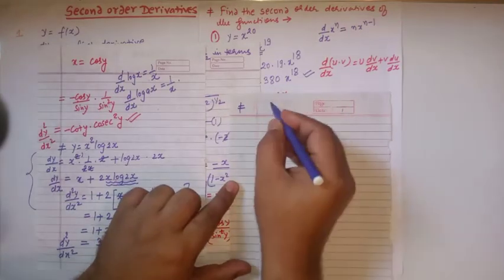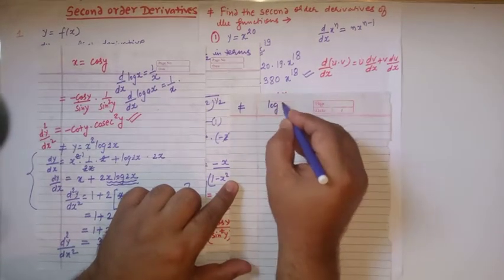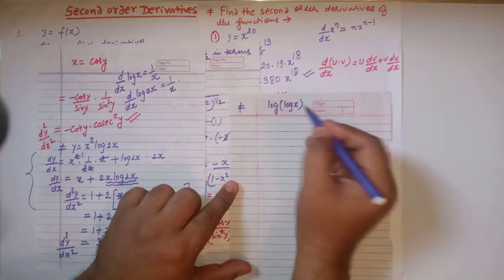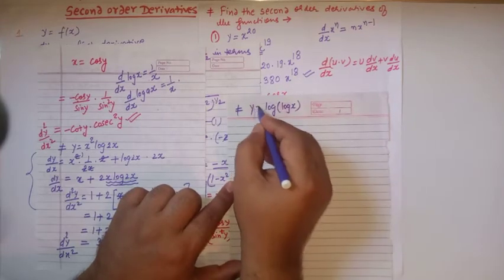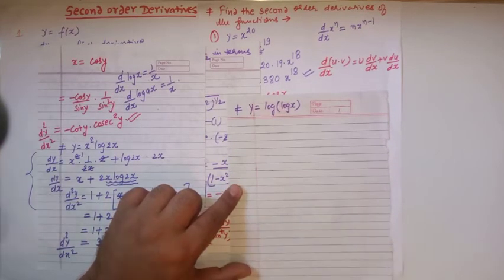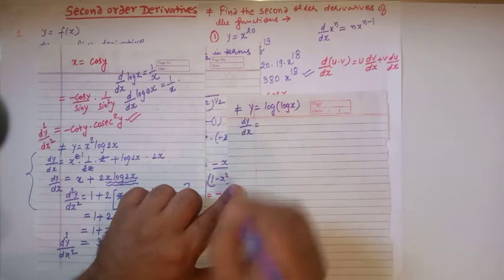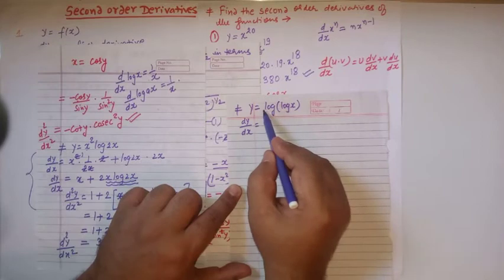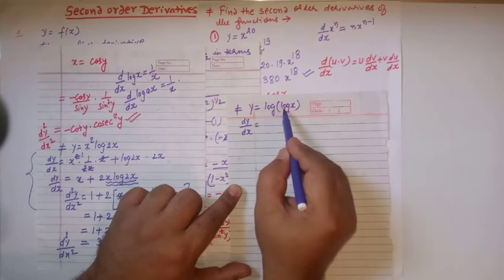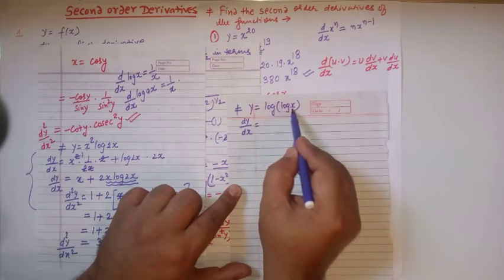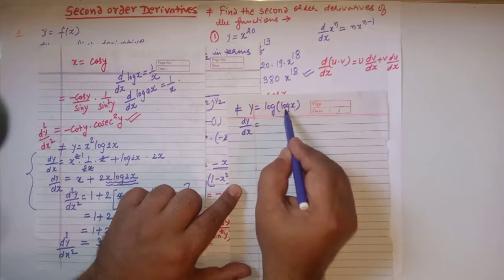Now let us find the second derivative of log log x, right? Say y is equal to log of log x. Now dy over dx is equal to, here log of log x, so let us take log x equal to say t.